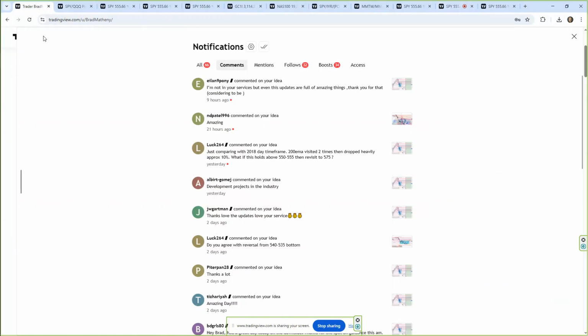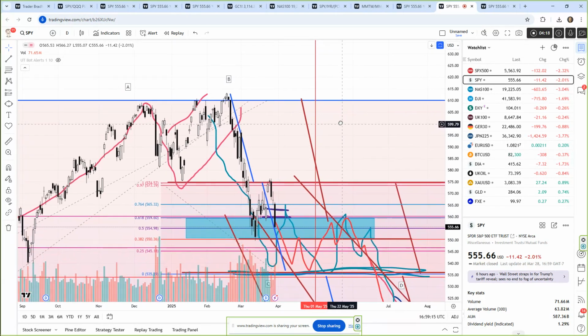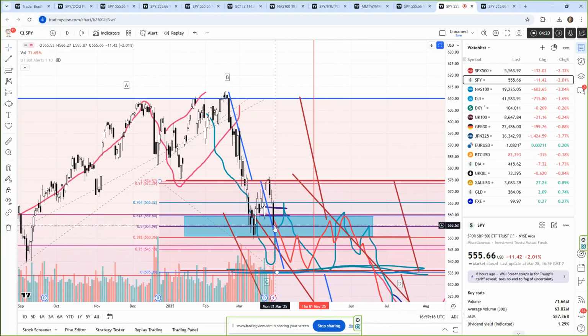And the question again was, with the 2018 timeframe, 200 EMA visited 2 times, then dropped heavily, approximately 10%. What if this holds above 555, then revisits 575? So what he's suggesting is if we hold above 555 here early this week, then revisit the 575 level over here.